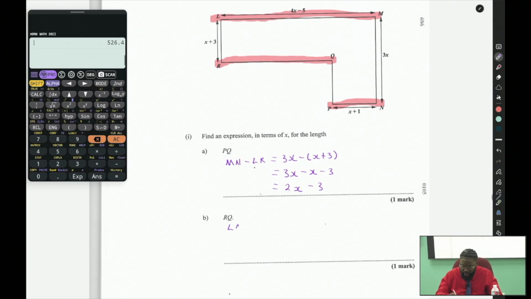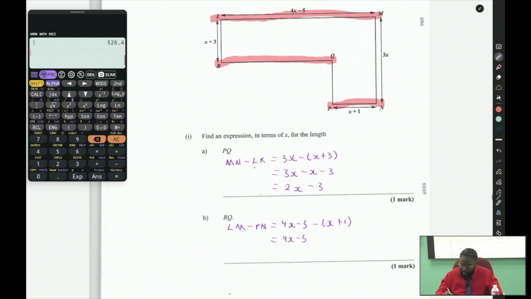So we're going to have LM subtract PN, which would give us 4x minus 5 minus x plus 1. So now we would have 4x minus 5.